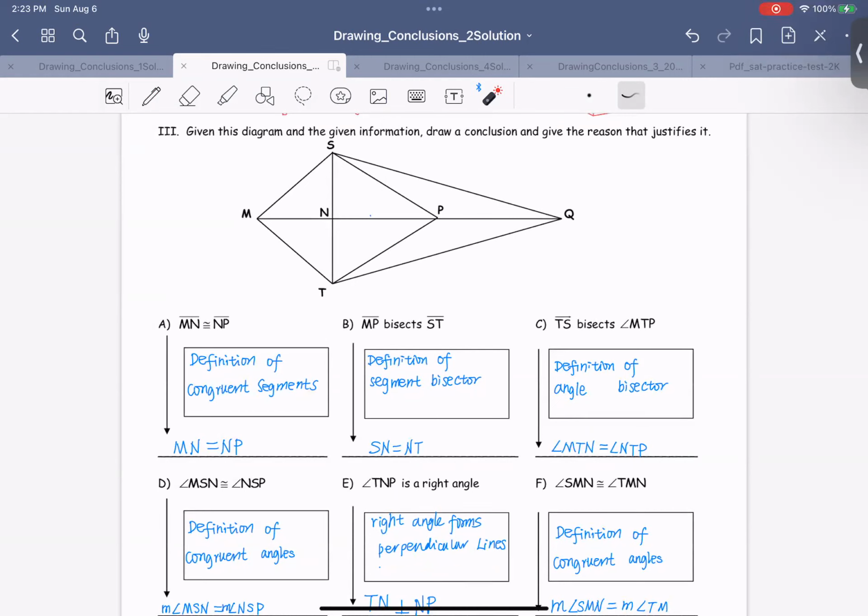So the one here is saying MN is congruent to NP. If MN is congruent to NP, you will have MN equals NP. You will write down definition of congruent segments. So what kind of proof question do you need this?